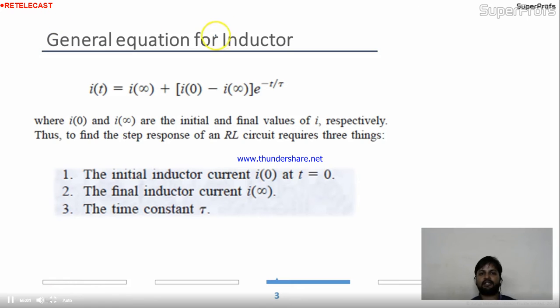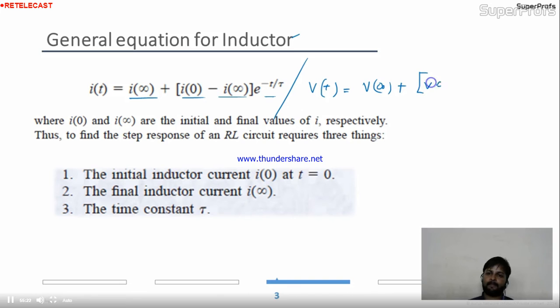Come to the general equation for the inductor now. For the inductor, the general equation IT is I infinity plus I0 minus I infinity e to the power minus t by tau. When you compare with the voltage equation in the capacitor, Vt is V infinity plus V0 minus V infinity e to the power minus t by tau.